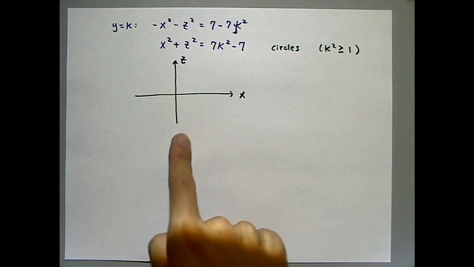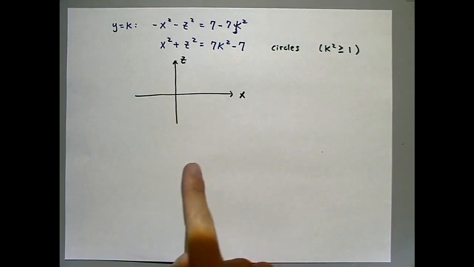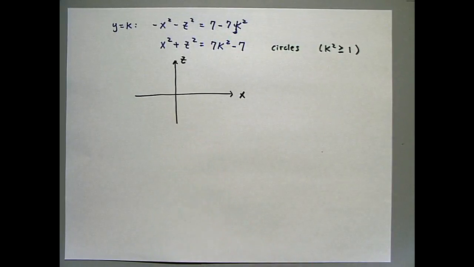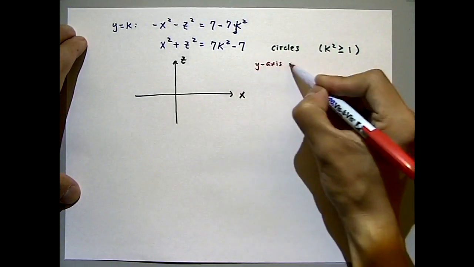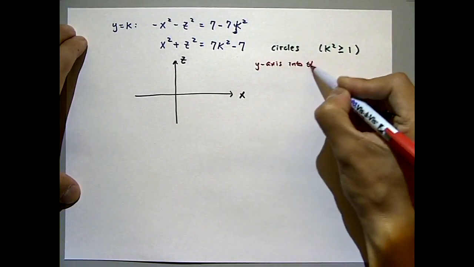In this perspective here, where is the y-axis? Is it coming out at us or going into the page? And how do we know? The thing you're doing with your hand is perfect. The right-hand rule, that's right. The y-axis is into the page.